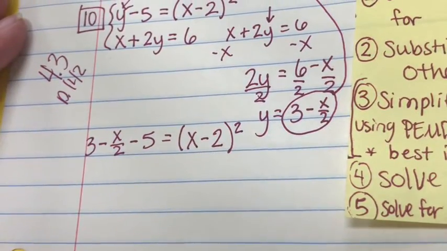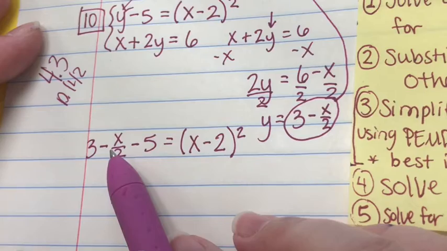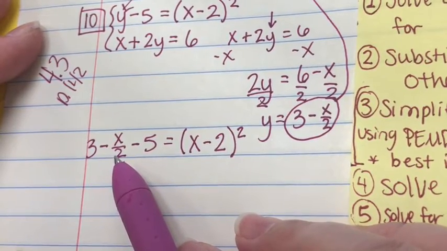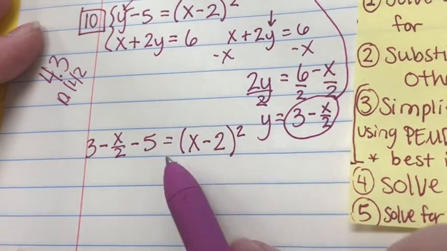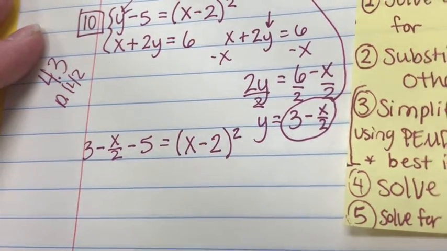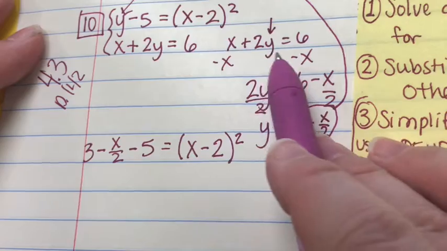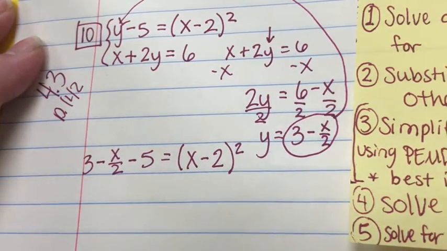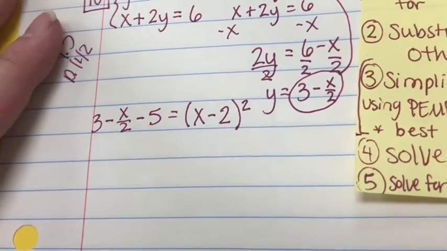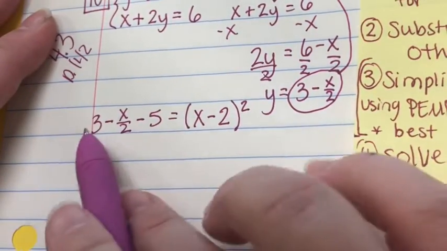And now that I'm here, I'm looking at this and seeing that x over 2, and I'm thinking that's looking ugly. So I might want to try a different way. I'm going to continue doing this one, but I'm going to compare it with solving this one for x and plugging it into there. I think both of them are going to be a little more complicated than I prefer, but we can do it either way. So now I'm on this one.